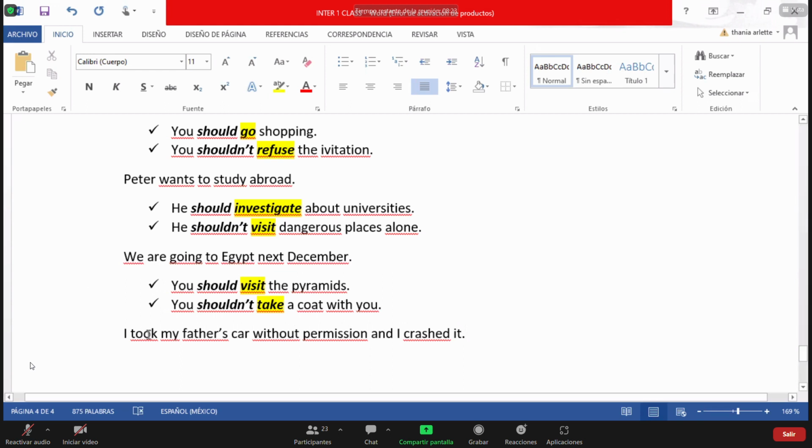I took my father's car without permission and I crashed it. Guys, give me ideas in the affirmative. What is a good idea to do in this situation?